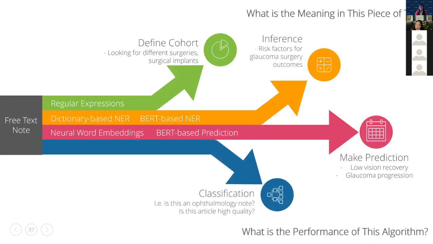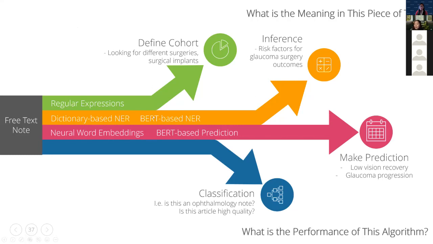And so just a few concluding thoughts on natural language processing. Circling back to this slide, we talked about defining cohorts of surgical patients, figuring out glaucoma surgery outcomes, and doing inference studies. These studies were based on very simple text recognition algorithms, regular expressions, and dictionary-based methods.